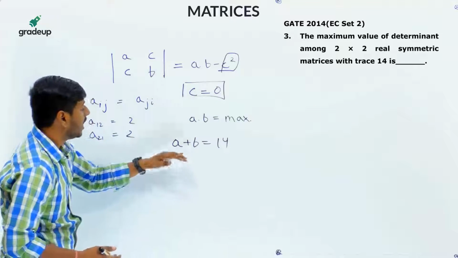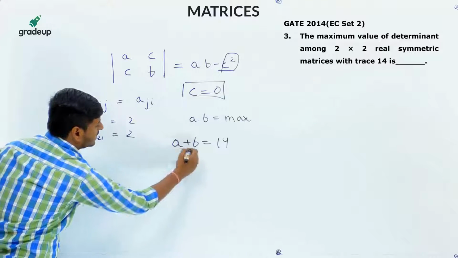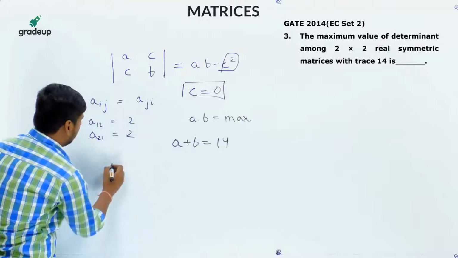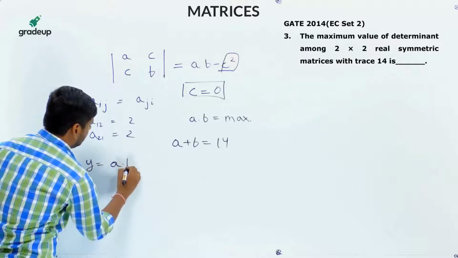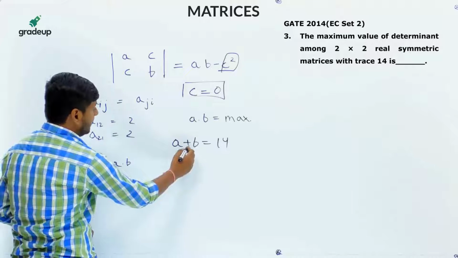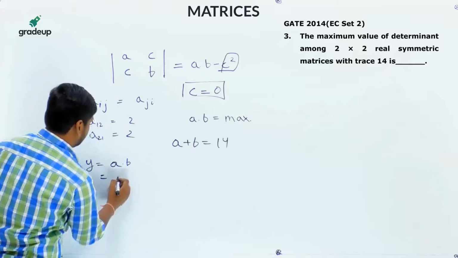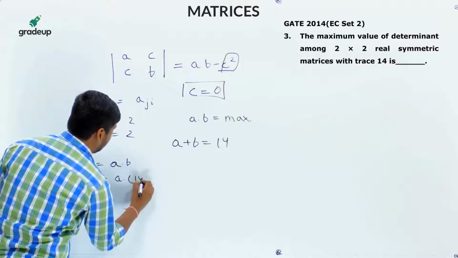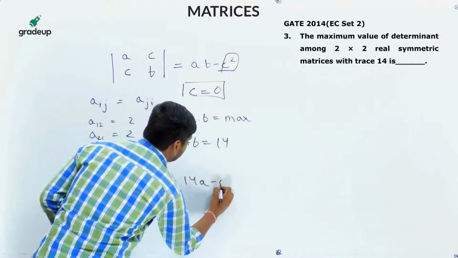So let me prove how I am saying this statement. Okay, it is given A plus B is 14. Suppose A into B is some value Y. Here B in terms of A is B equals 14 minus A. So A into 14 minus A is equal to 14A minus A square.